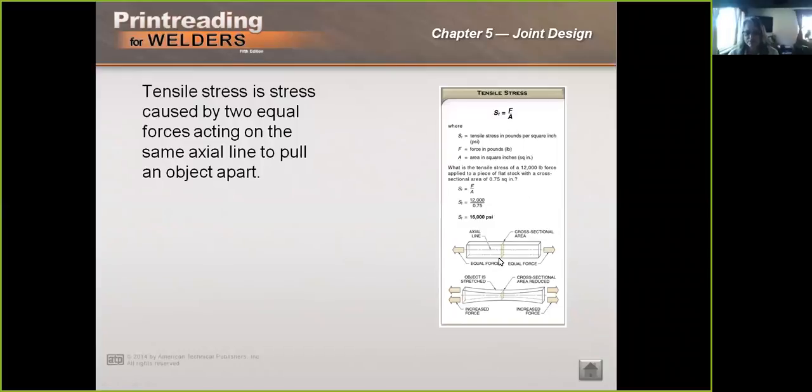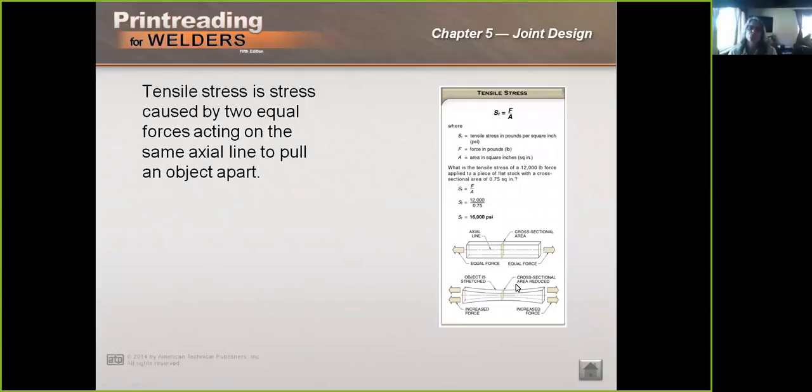So in this schematic here, the force is the force that's applied to each end, and because of the physics of this unit, the forces are equal on both ends, and the area is the cross-sectional area of the member. So if you've got a 12,000-pound force being applied to a piece of flat stock with a cross-sectional area of 0.75 square inches, you take your force, you divide it by the area, and you get a stress of 16,000 pounds per square inch, or PSI.